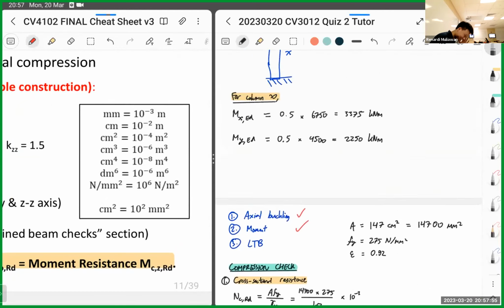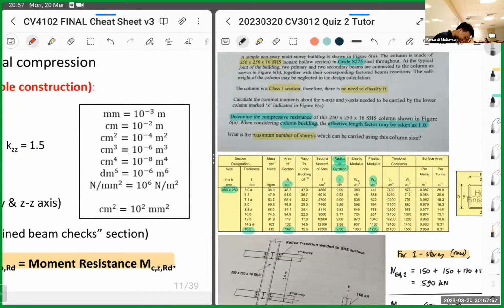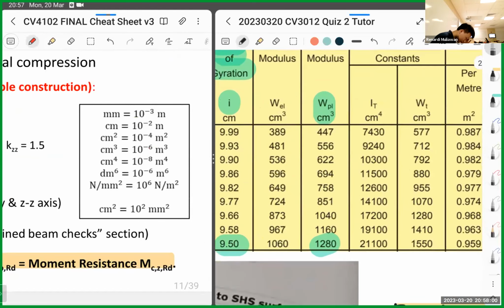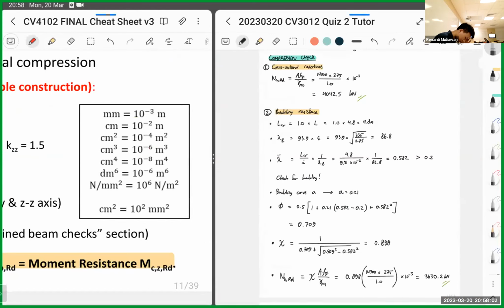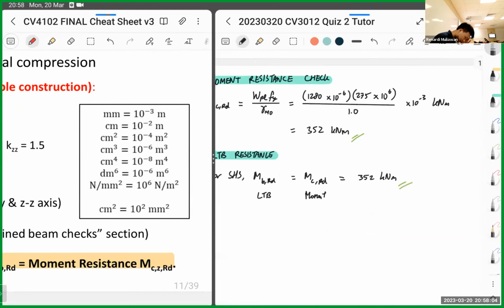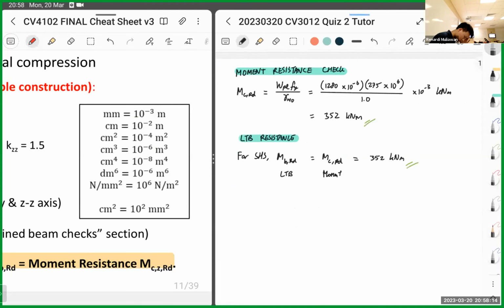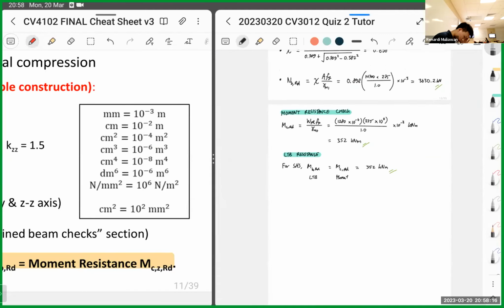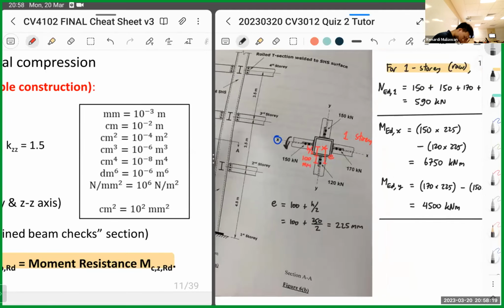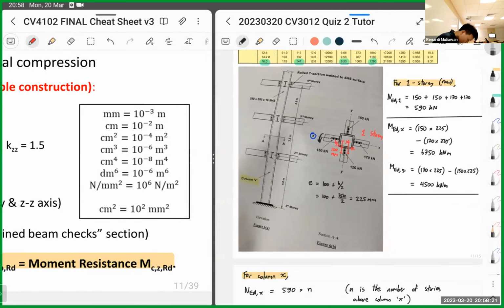WPLCM cube is 10 negative 6, 10 negative 6 to 70. I don't like this. Why is it like this? 30 kilometers.